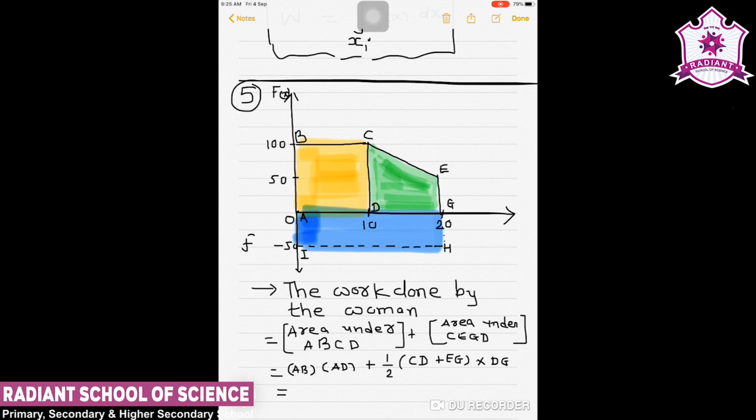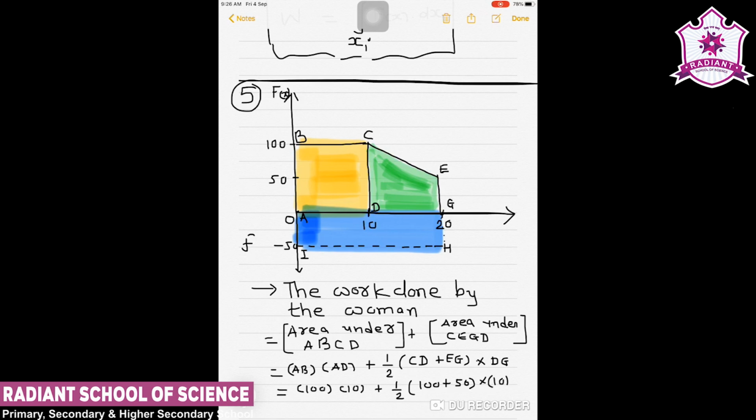Now we add them up: 100 into 10 plus 1 by 2 into (100 plus 50) into 10.